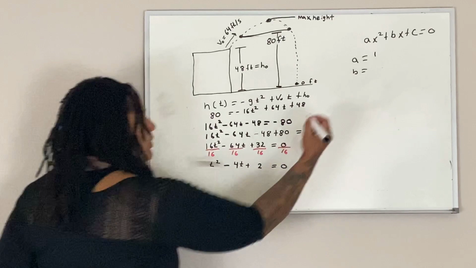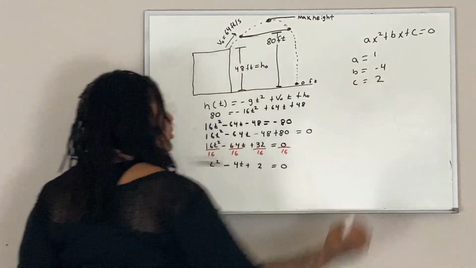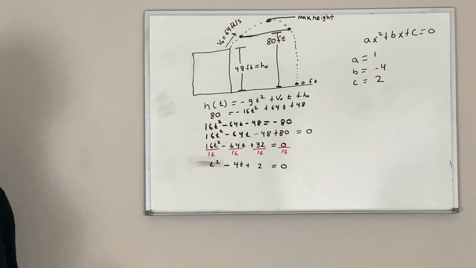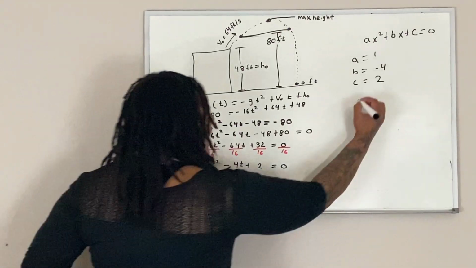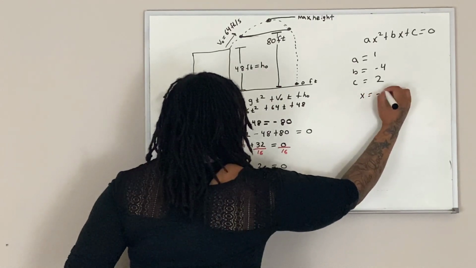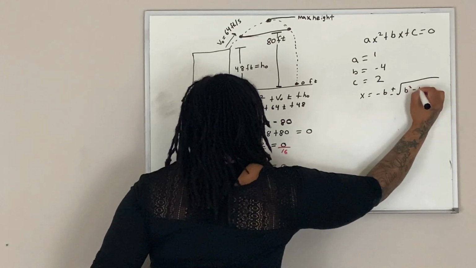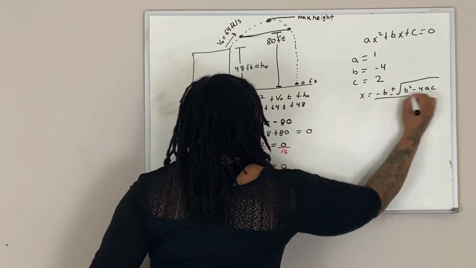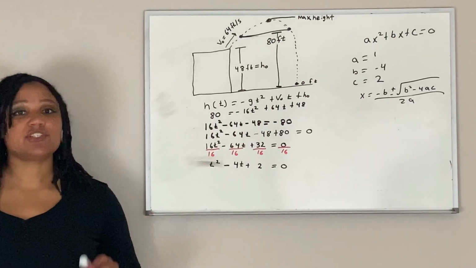Our b is equal to negative 4, and our c is equal to 2. So we have a beautiful equation here, and we can use the quadratic formula. The quadratic formula is x is equal to negative b plus or minus the square root of b squared minus 4ac all over 2a. So yes, we can use the quadratic formula to solve for t.